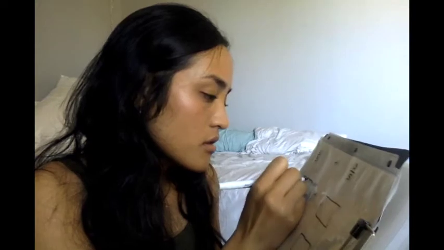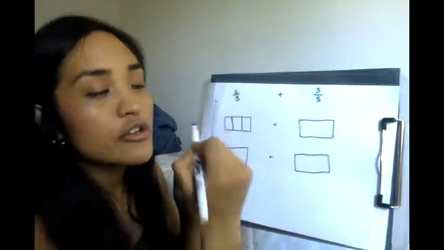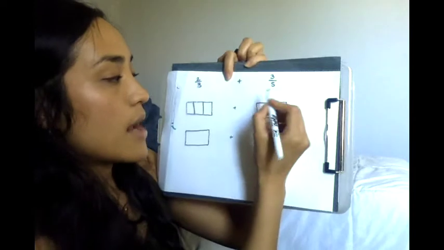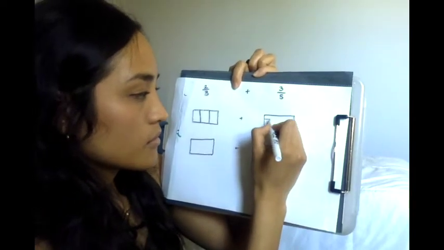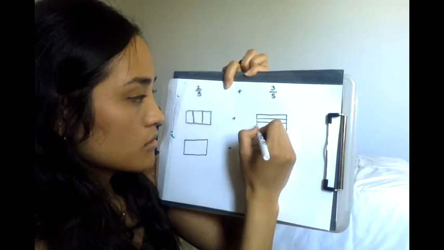Specifically for this method or strategy, I'm going to write my pieces with vertical lines. Vertical means up and down. So here are my thirds. Ta-da! And then over here, I'm going to use horizontal lines. So that means left to right. 1, 2, 3.